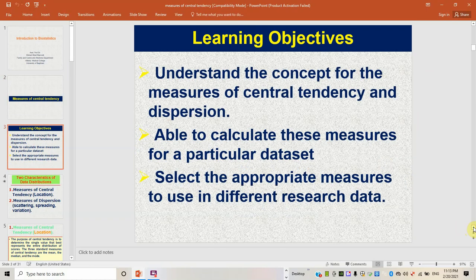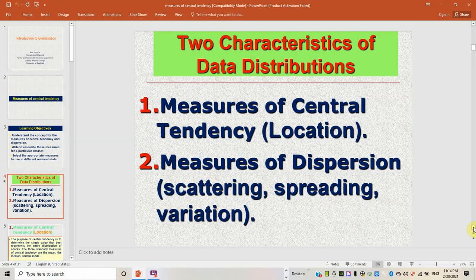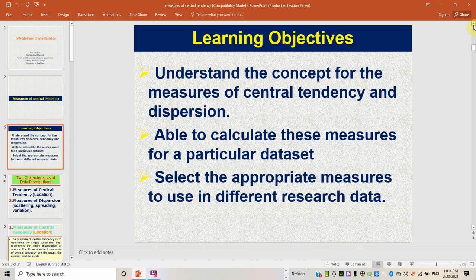Learning objectives: understand the concept of the measures of central tendency and dispersion, be able to calculate these measures for a particular dataset, and select the appropriate measures to use in different research data.